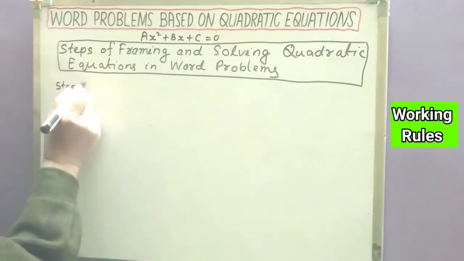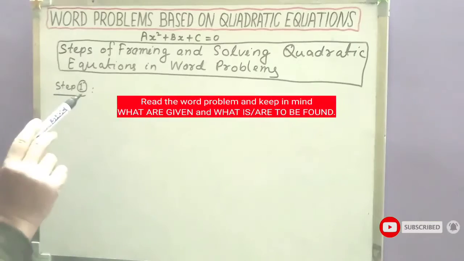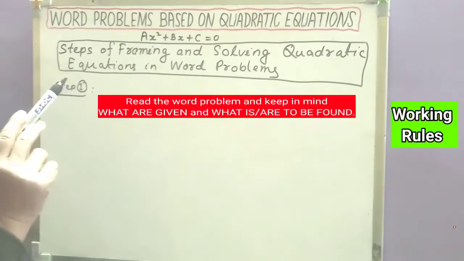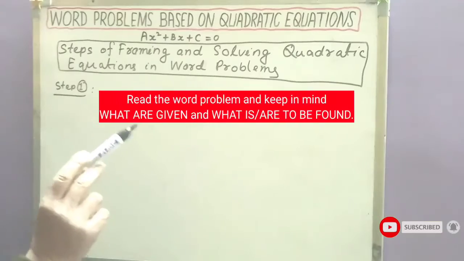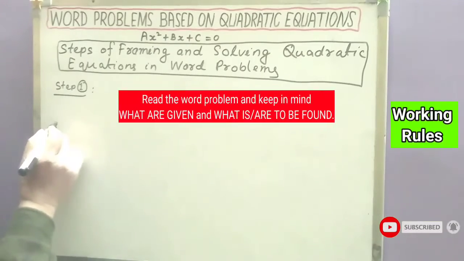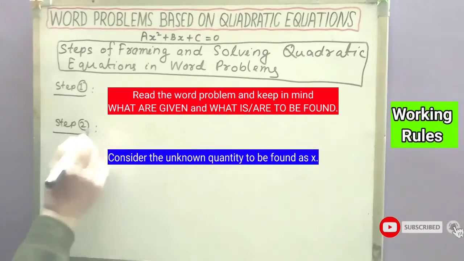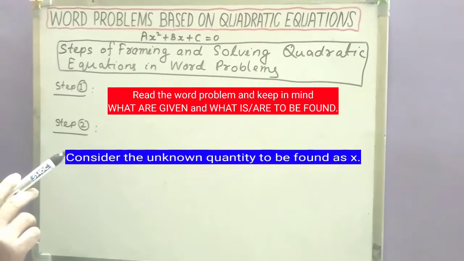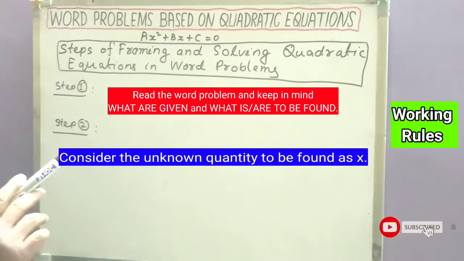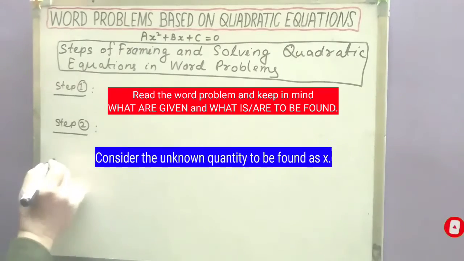Step 1. Read the word problems carefully and keep in mind what is given and what is to be found out. Step 2. Consider the unknown quantity to be found out as a variable x. We can assume any other alphabet as a variable.